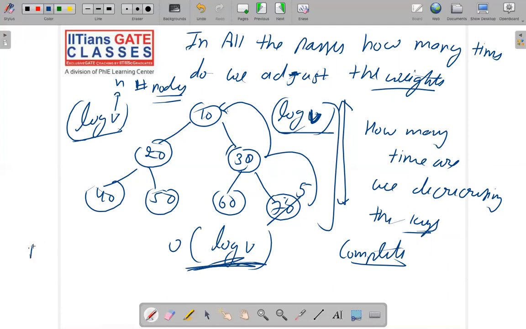It's E number of keys that you can decrease. E is the number of edges. If you think intuitively, you will understand why we do at most the number of edges decrease key operations.